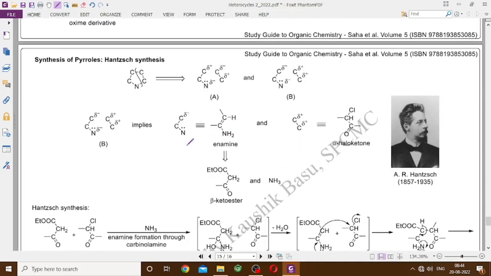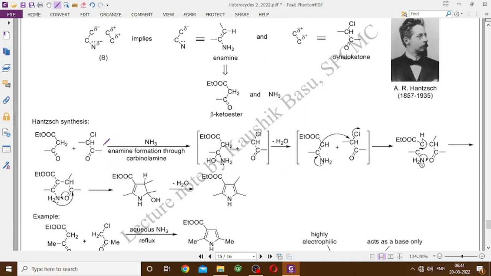Here, instead of beta-ketoester, you take an enamine, and with this electrophile you have alpha-haloketone. So it is expected that when you mix the ethyl acetoacetate, or the active methylene compound, along with alpha-haloketone, and you do the reaction in the presence of ammonia, if this ammonia can function as a nucleophile, then it will attack this carbonyl, the ester carbonyl, to form the carbinolamine, and lose a water molecule to give you the enamine.